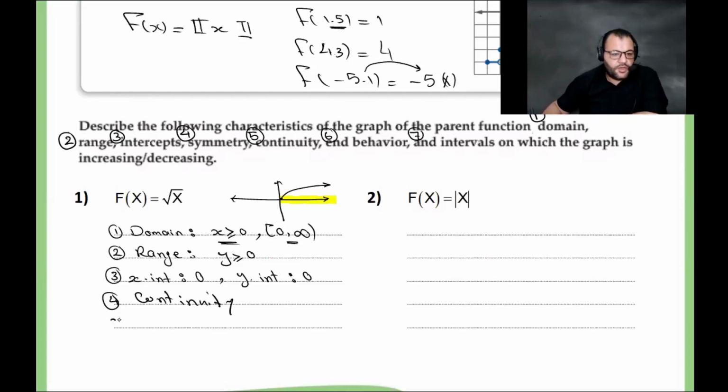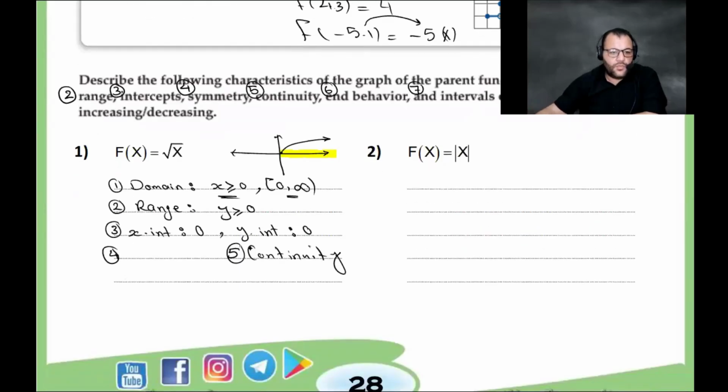Sorry, number 4 is continuity, and number 5 is the symmetry. There is no axis of symmetry for the function. No symmetry.